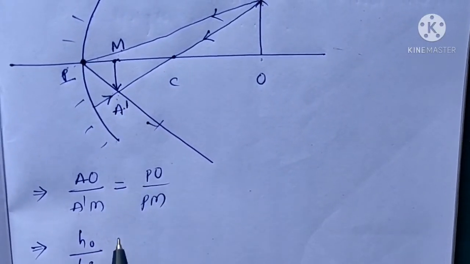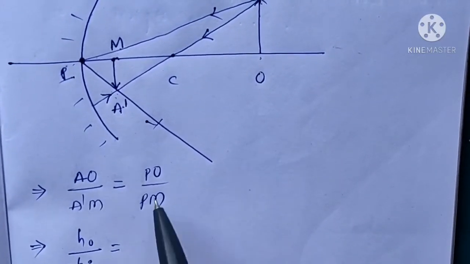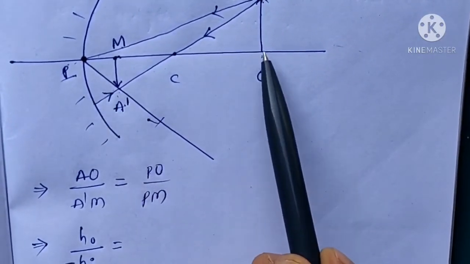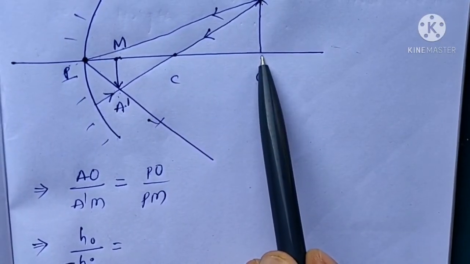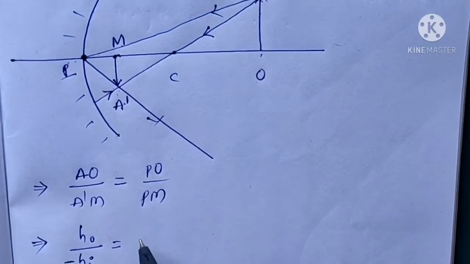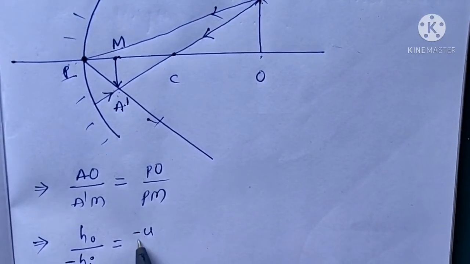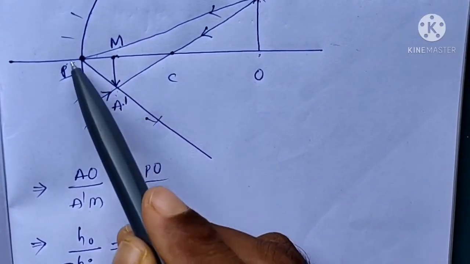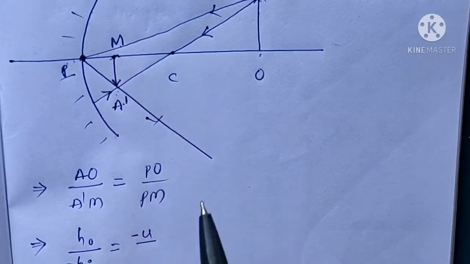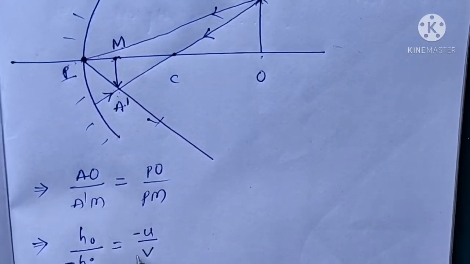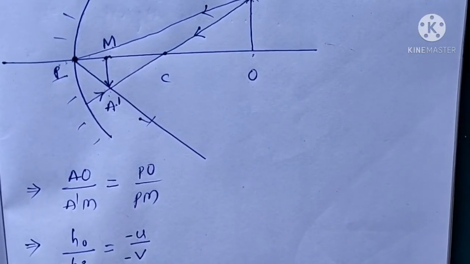As per the sign conventions, it gets the negative sign, equals to PO. PO, the distance from pole to the object, is called object distance, and it is denoted by the letter small u, and it also gets the negative sign, by PM, the distance from the pole to image, called image distance, denoted by the letter v. It also gets the negative sign for the concave mirror as per the sign conventions.